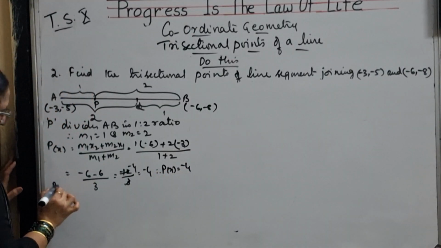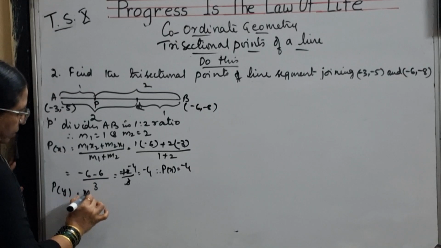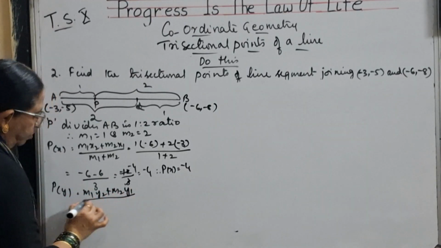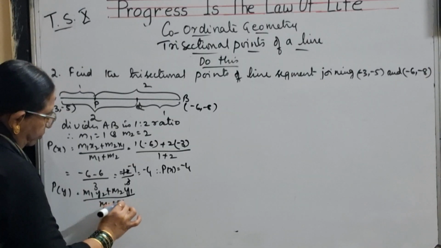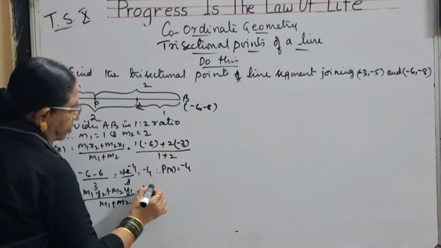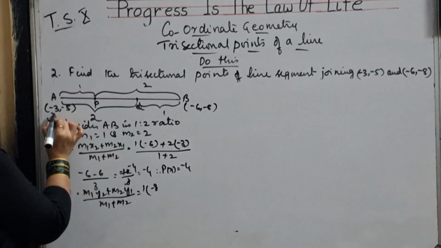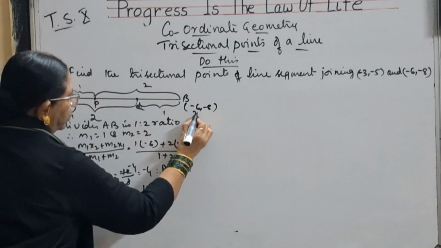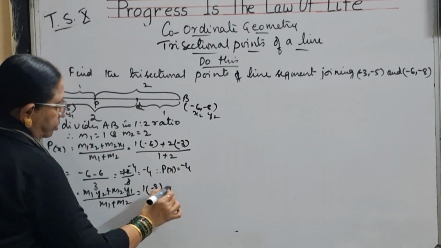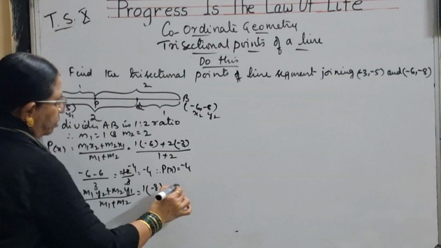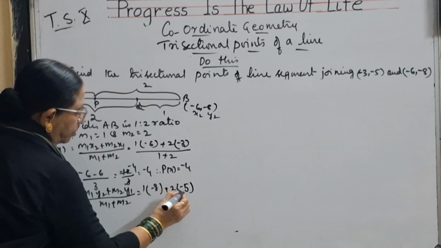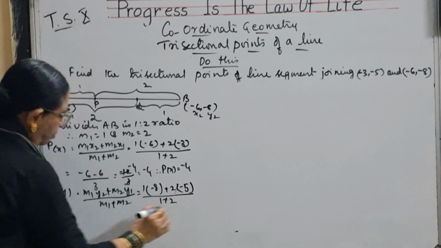Now, P of y is (m1 y2 + m2 y1) by (m1 + m2). m1 is 1 into y2, which is -8, plus m2 is 2 into y1, which is -5, by 1 plus 2.